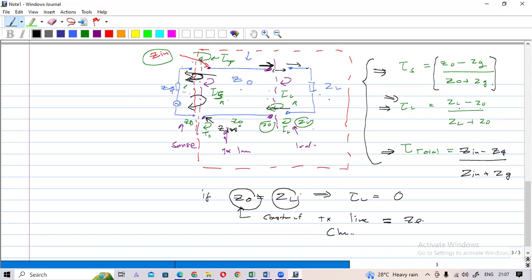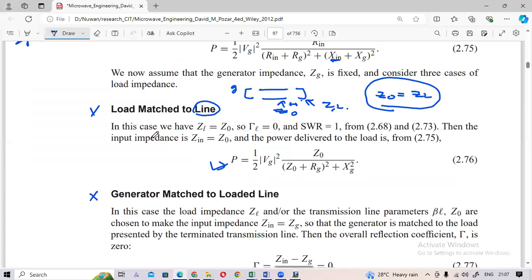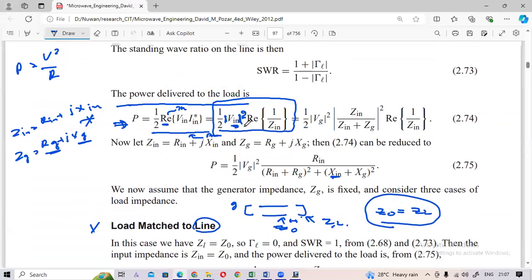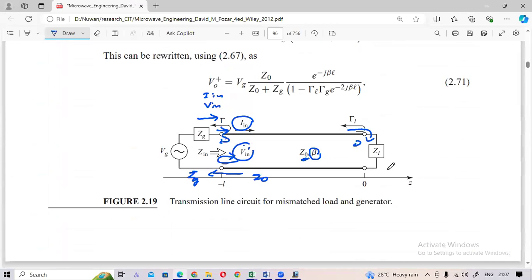That is referred to as the load matched to the line. Very simple. Okay, Randima, don't get confused.